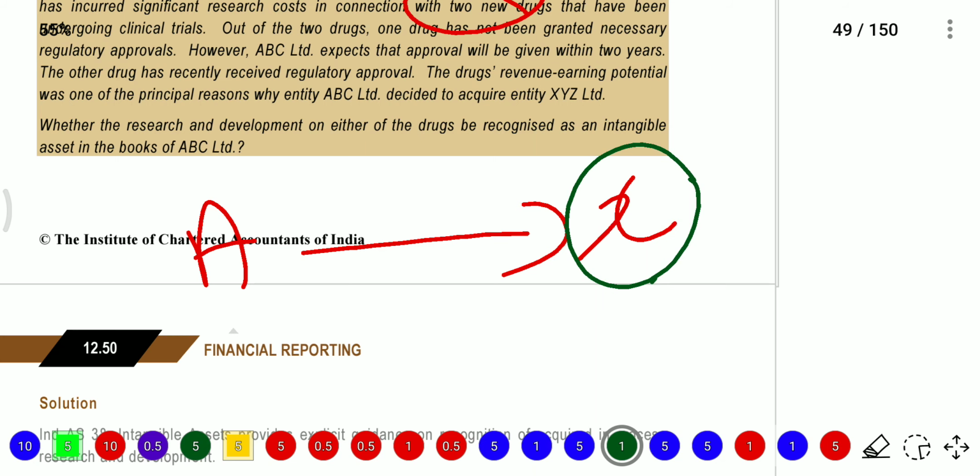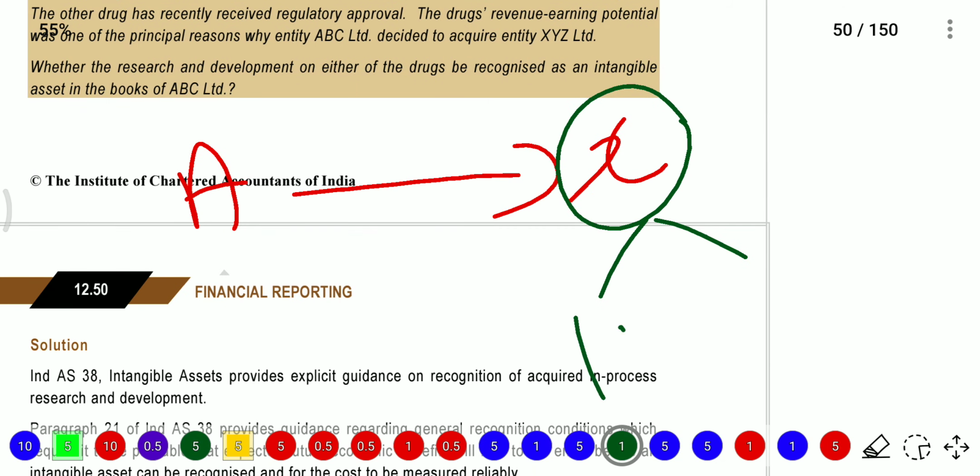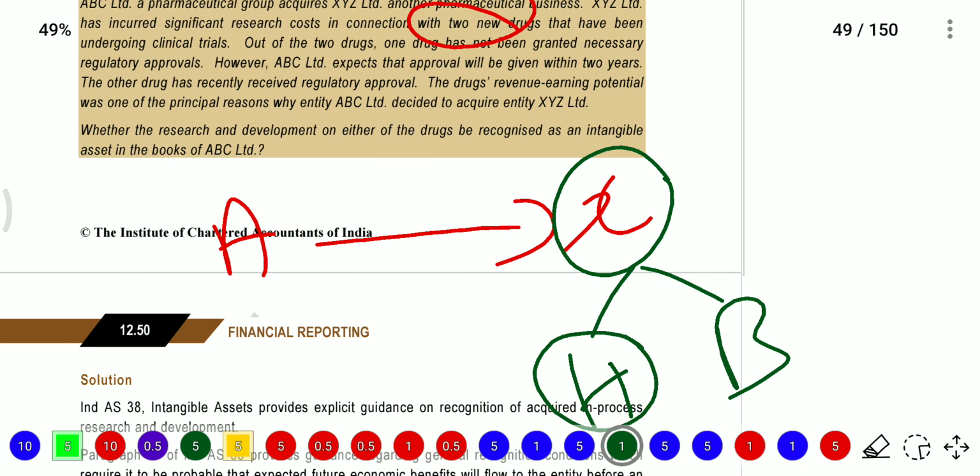For the two drugs, one has not yet received regulatory approval, and another one has regulatory approval from the government. However, ABC Limited expects that approval will be given within 2 years. The other drug has recently received regulatory approval.